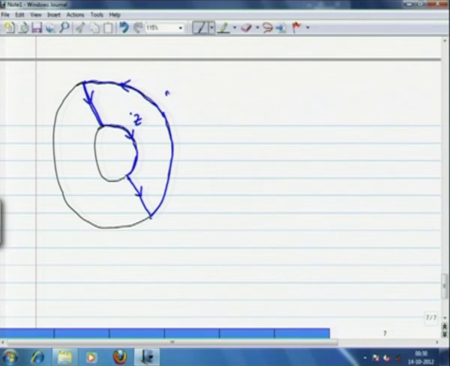So, that is your gamma 1, and gamma 2 is a contour which starts somewhere here, you can assume. So, it goes around on this circle of radius Q, and it goes in the opposite direction on this.